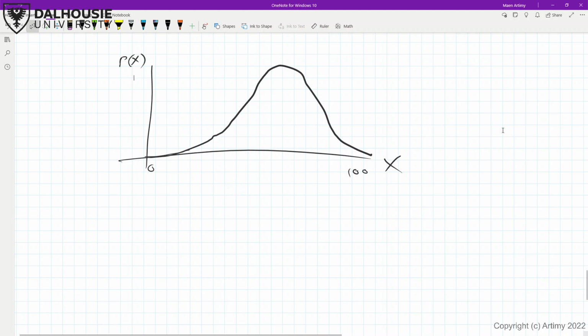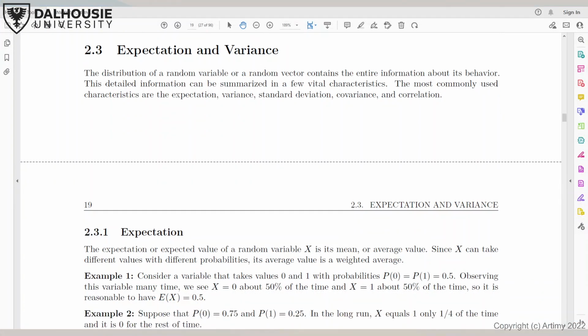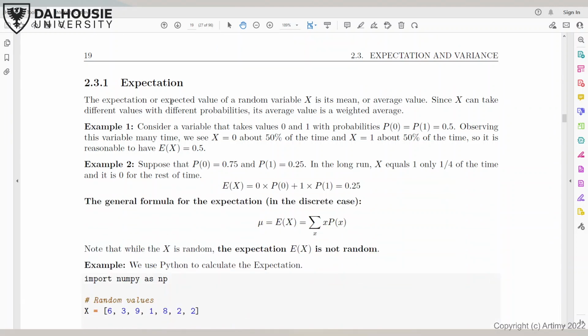So in probability distributions, I can find the average, or the expectation we'll call it, by multiplying each value of the random variable with its probability. So it's a weighted average.